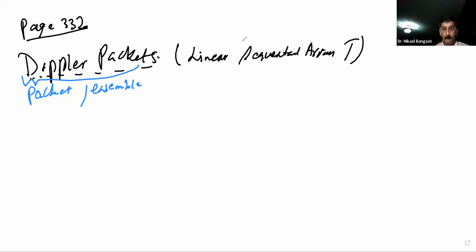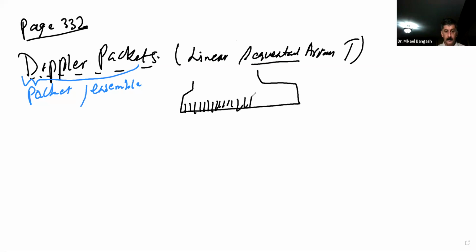Now, what is going to be a Doppler packet? Just like we had in a linear sequential array, we had the XYZ number of PCTs.